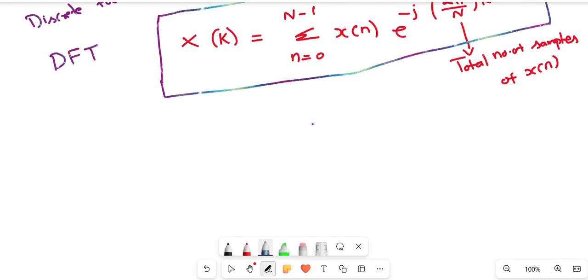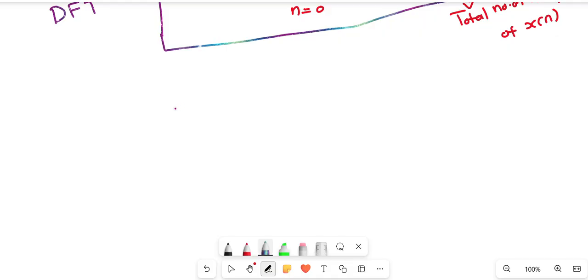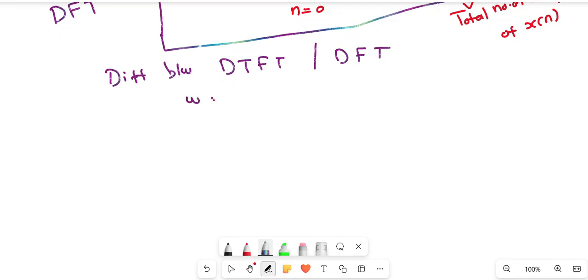So now what is the difference between DTFT and DFT? In DTFT, omega is not discretized; here omega is discretized.